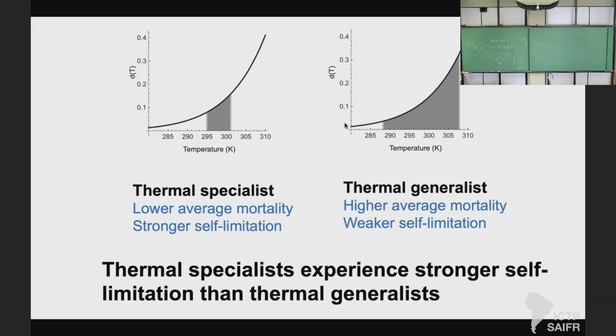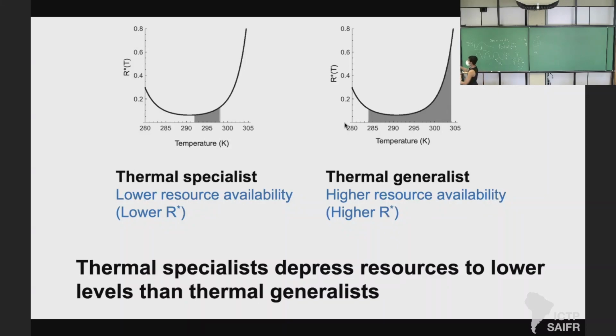But then thermal generalists, because they are active over longer periods of time, have a higher average. So see how beautiful this is. Actually, thermal specialists, which is completely counterintuitive, can experience stronger self-limitation. And in the same way, a thermal specialist, because it's active over a small range of temperatures, will have a lower R star than a thermal generalist.